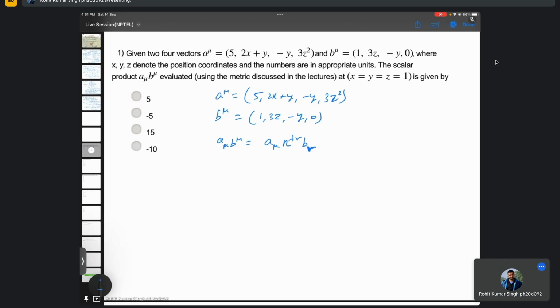And we know that this metric has a positive time signature and negative space signatures.